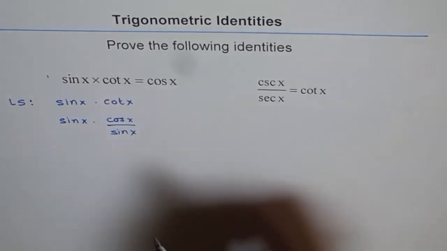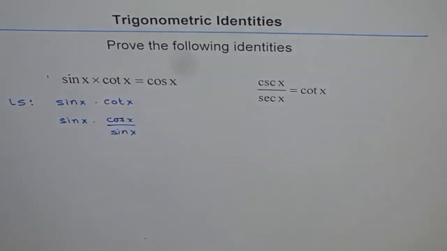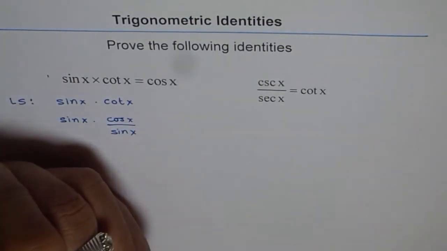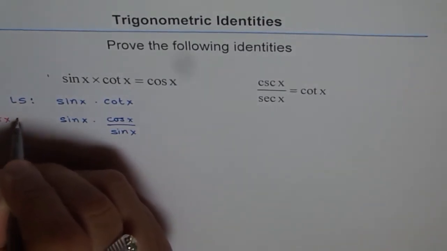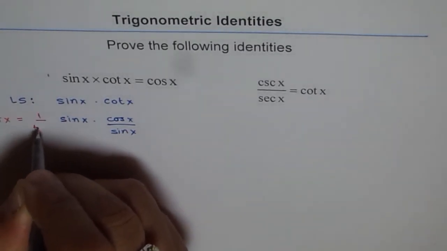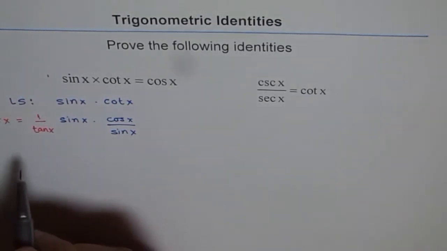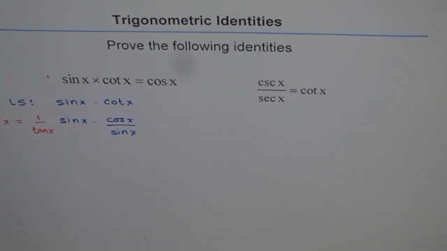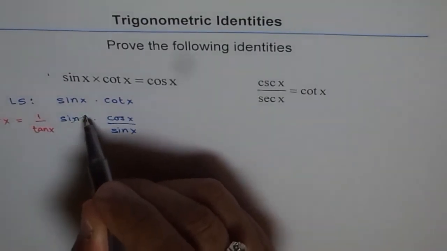So the identity we used is the reciprocal identity, which is that cot x equals 1 over tan x. Is that okay? So we call this a reciprocal identity, and you know tan is sine over cos. So that is how we got our equation, and here we can always simplify it.